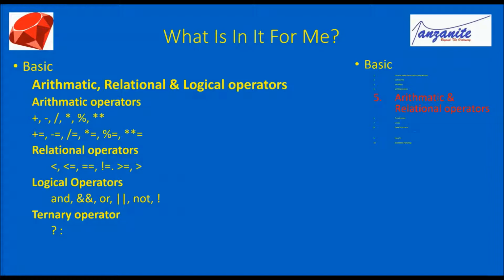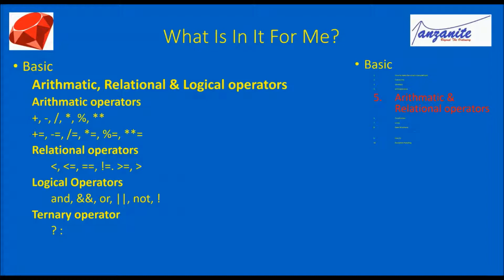The less than or equal to, double equals, exclamation equals, greater than or equals, and greater than. When you're talking of logical operators, you have and, double ampersand is also and, the word and is also and, or is also an or, so is the double pipe, not and exclamation, both are not operators. So this is more of spoken English. We'll see some examples going forward when we come to the next topic where we go on to the conditionals and loops. We will need to use these relational operators and the logical operators.